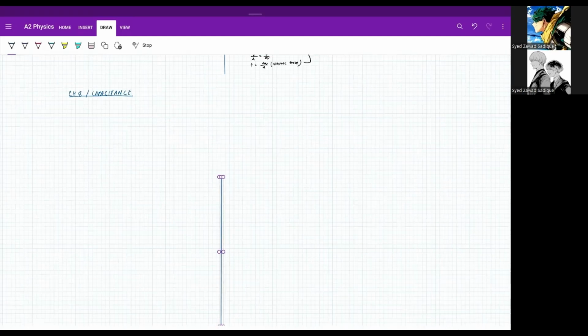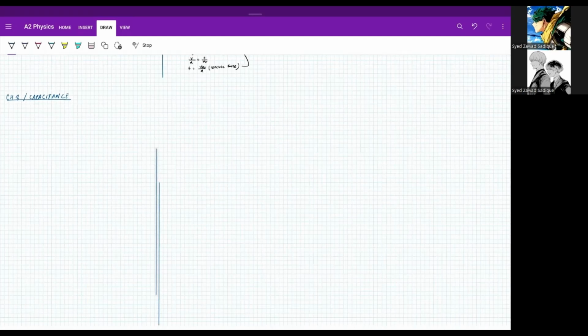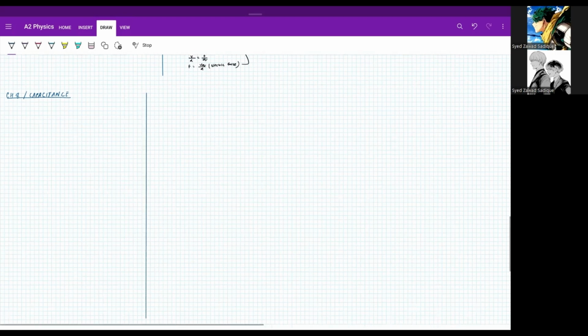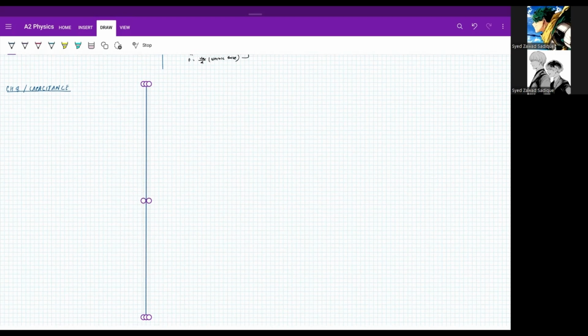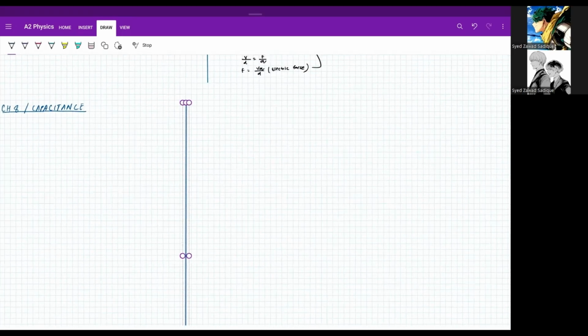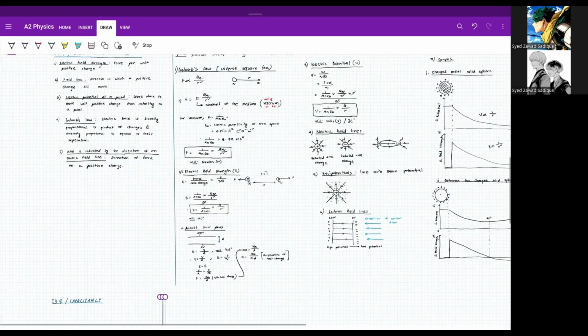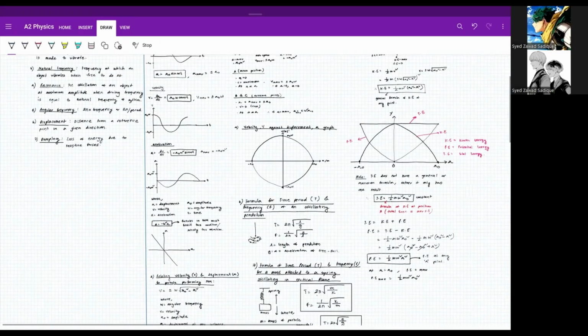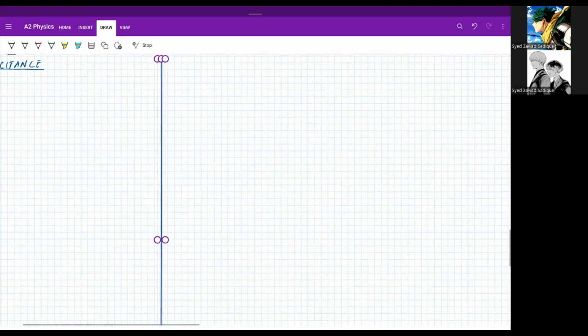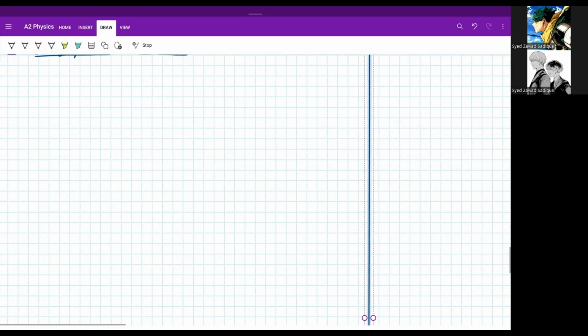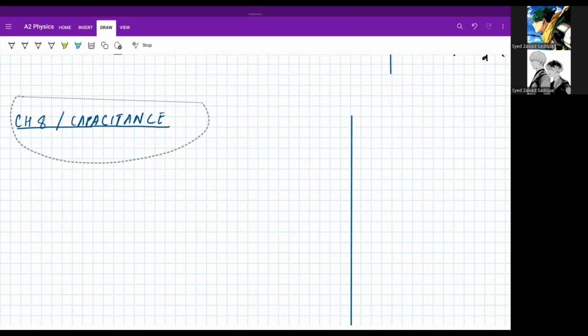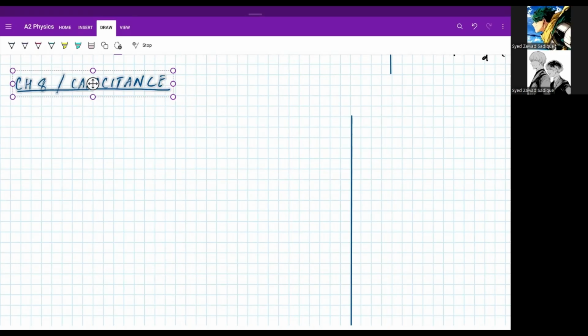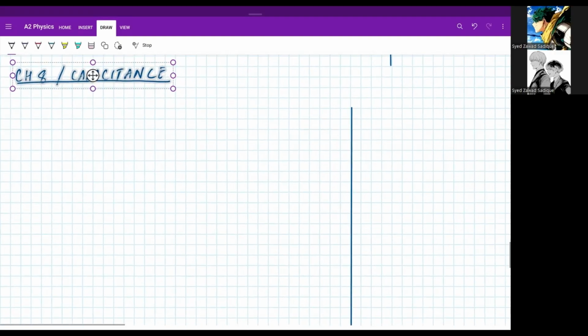We do have a lot of free space, but it's fine. Okay, chapter 8, capacitance. So there aren't many definitions as well. I think this is one of the smaller chapters. I know I say this always, but believe me, this really is a small chapter.